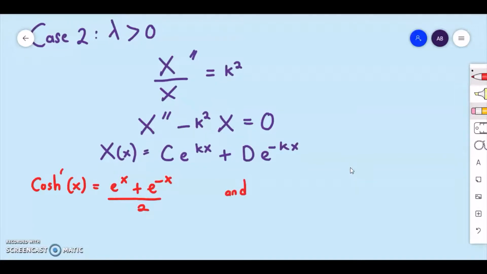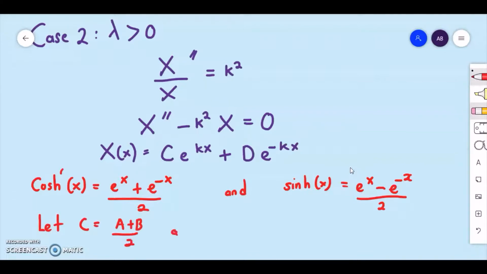And for my hyperbolic sine function, I can write it as exponent x minus exponent negative x over 2. We want to change this equation in terms of hyperbolic cosh and sinh. So we let C equal A plus B over 2 and D equal A minus B over 2.